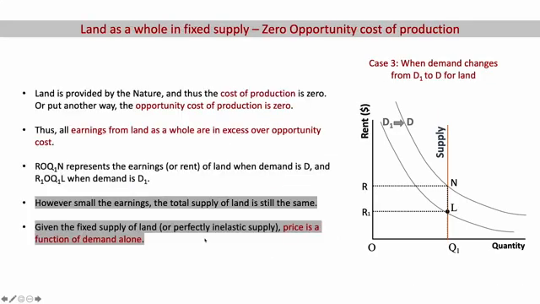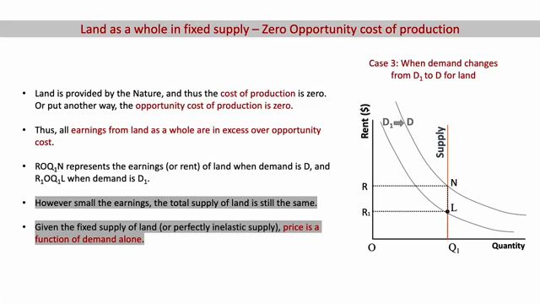But in the case of land, the quantity supplied will be Q1, which is fixed, irrespective of howsoever small the earning is. And this is very important to note. Given the fixed supply of land, price is a function of demand alone, and we will keep emphasizing this fact.